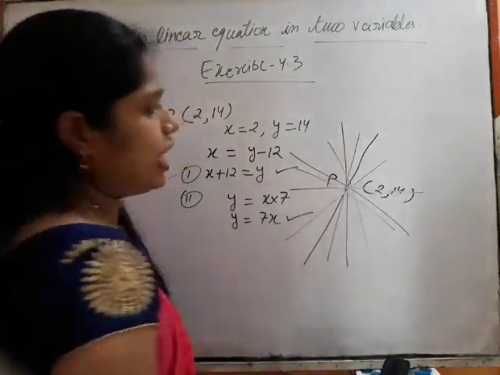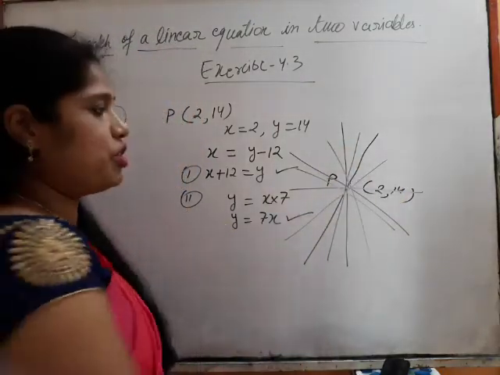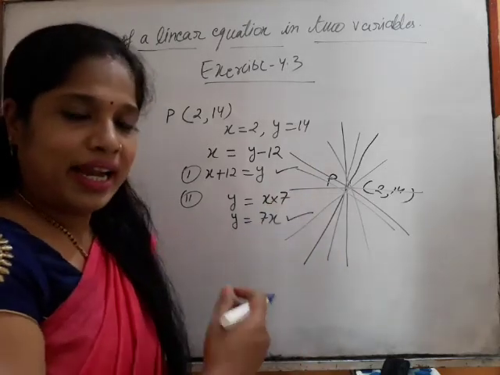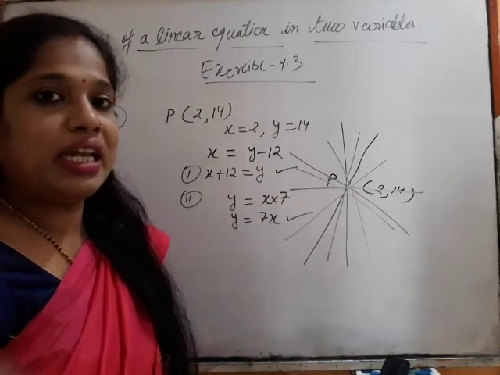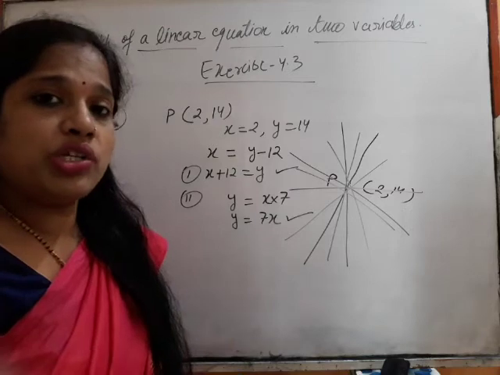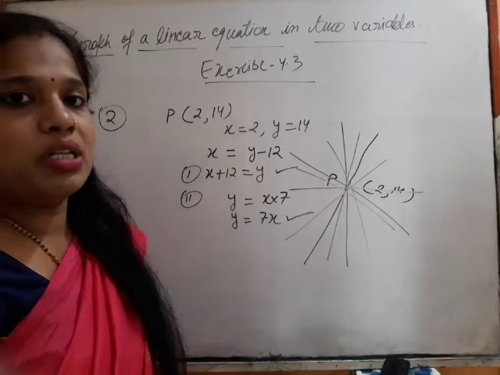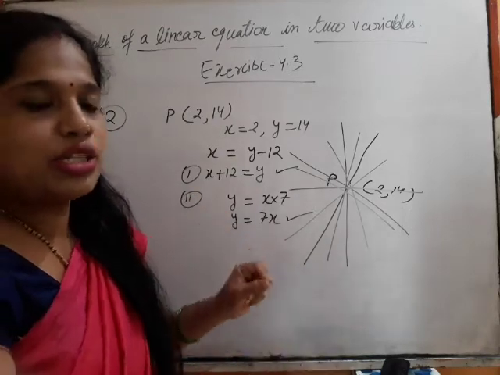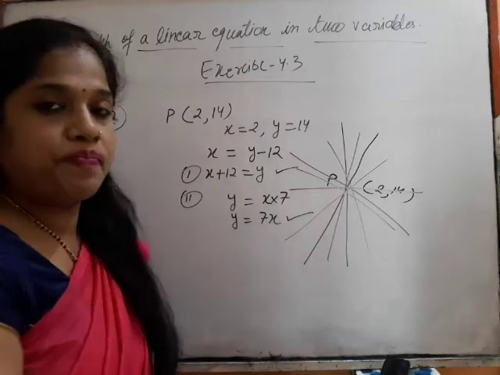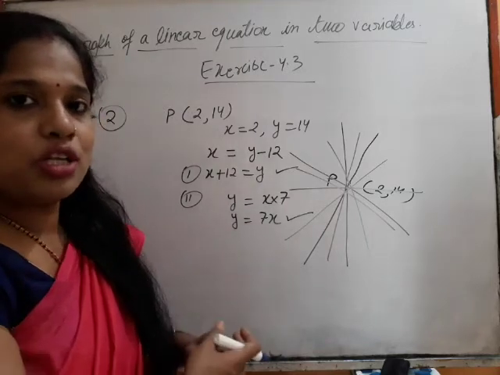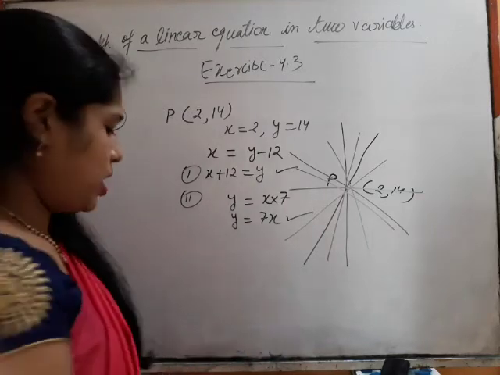We cannot count them. That is why we get infinitely many linear equations in 2 variables of those lines which pass through this point P. So this is all about question number 2.